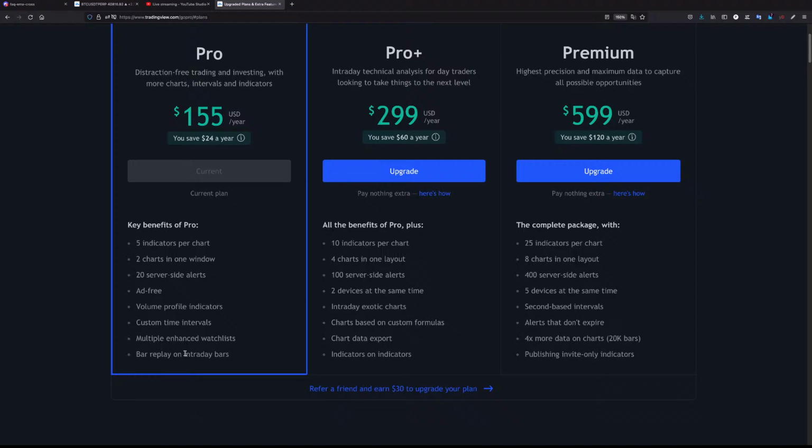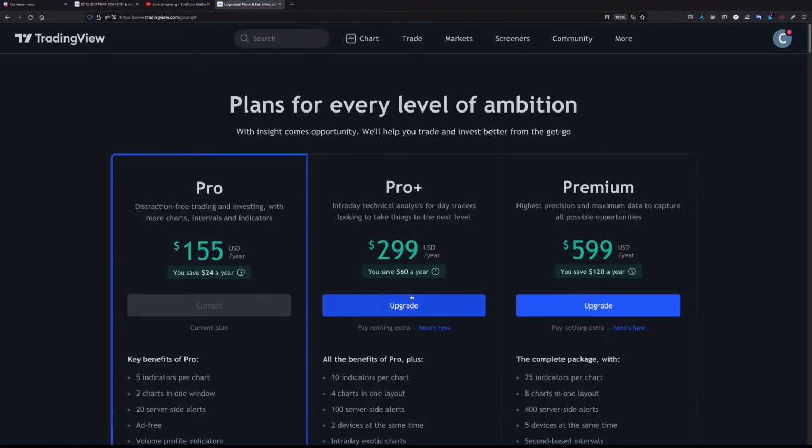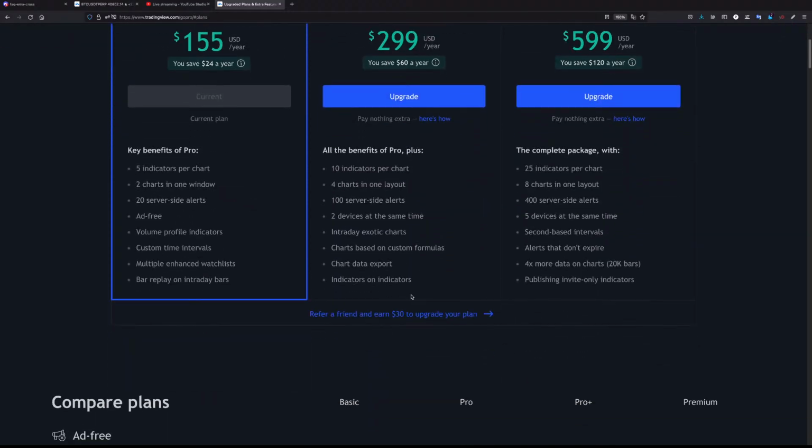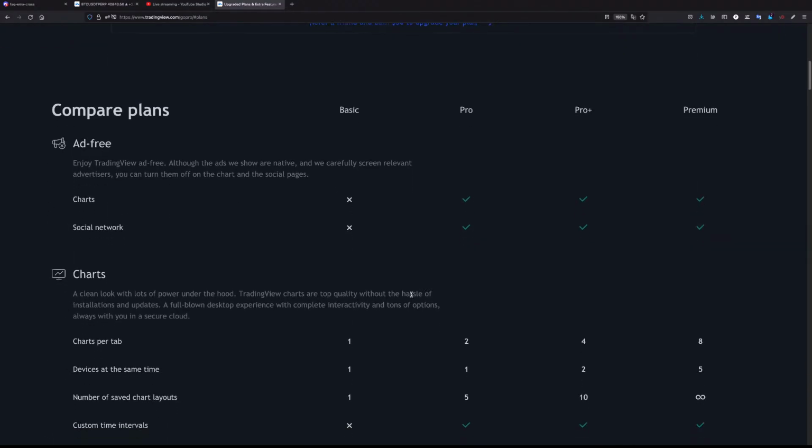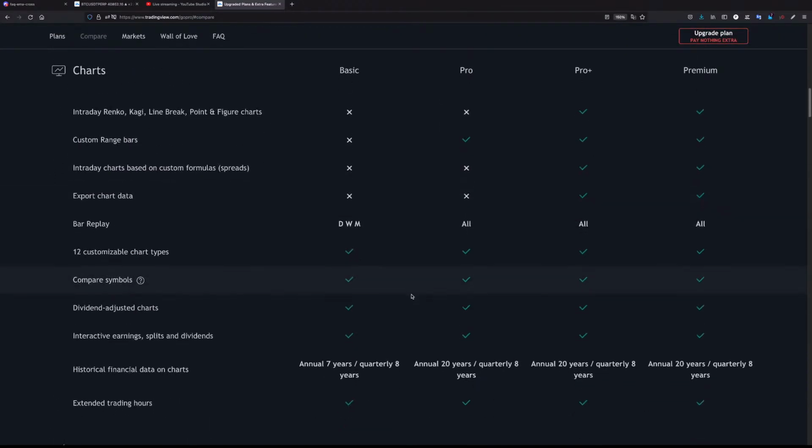Charts, custom time interval. No, they don't have it here. Here is only how many charts in one layout. They don't have it in these details. Okay, let's see.